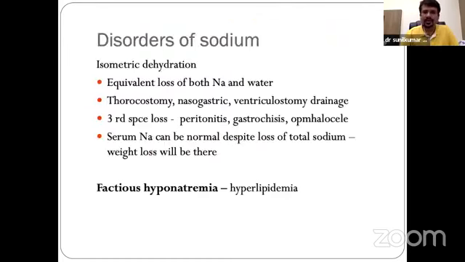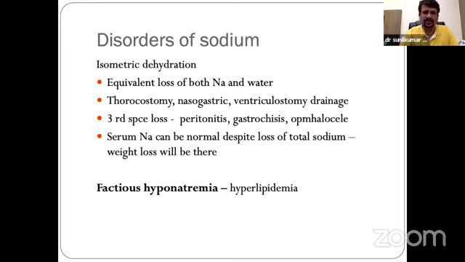Okay. Coming to the disorders of sodium. Disorders of sodium can be classified based on the volume status. Before that, we can classify isometric dehydration, where there is an equivalent loss of both sodium and water. It usually happens during drainage, like thoracostomy, nasogastric, and ventriculostomy drainage, and third space loss like peritonitis, gastroschisis, and omphalocele.